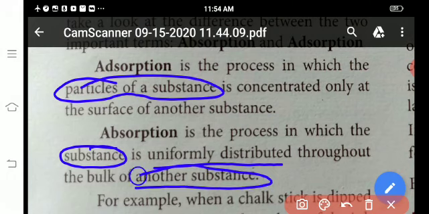Adsorption means the particles are concentrated only at the surface of another substance. Here, in absorption, the substance is uniformly distributed throughout the bulk of another substance. This is called adsorption and absorption.